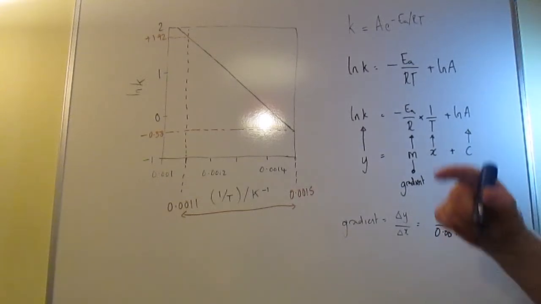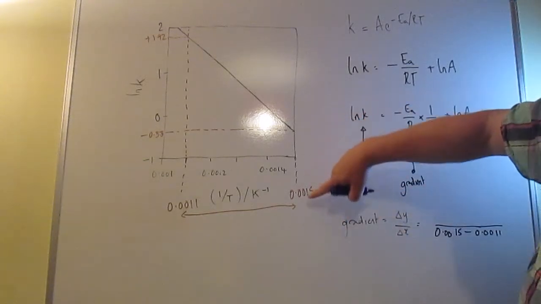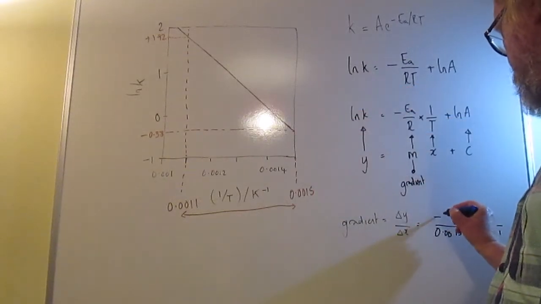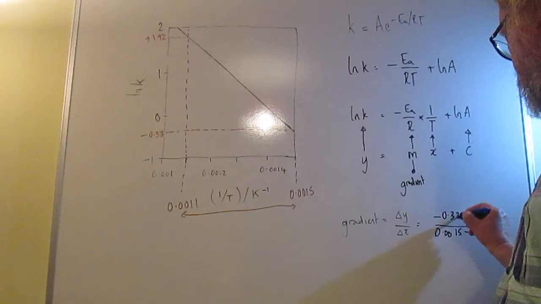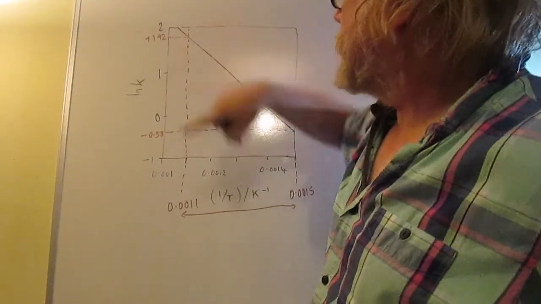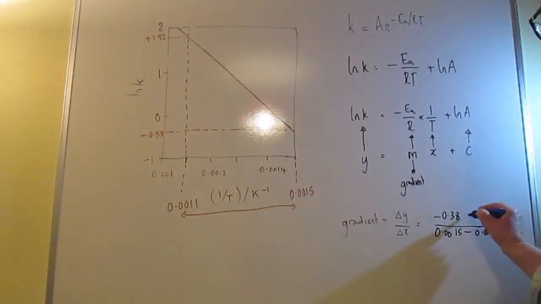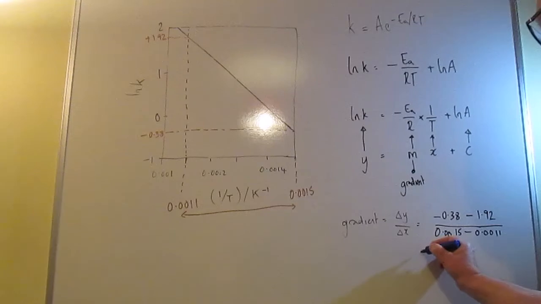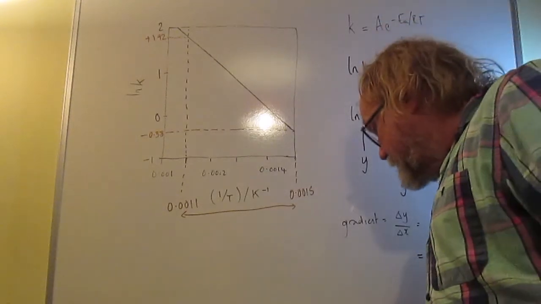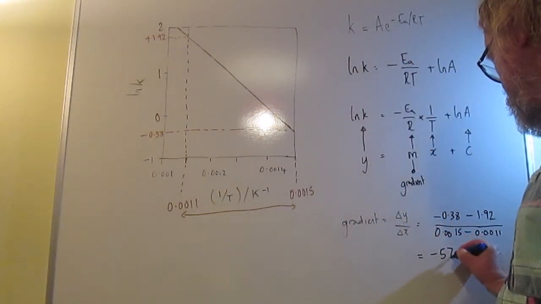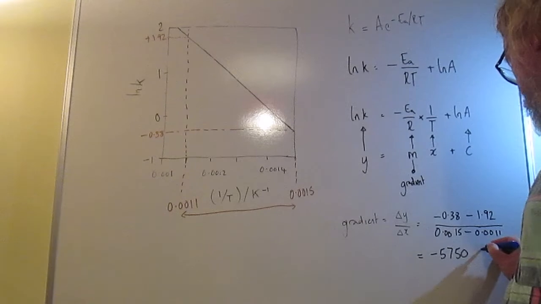The corresponding change in the vertical axis, well, when it was 0.0015, you can see it was minus 0.38, so it's minus 0.38 minus, and then when it was this value, you can see the y was plus 1.92, so it's minus 1.92, and if you crunch those numbers, that comes to minus 5750, and the units are Kelvin.